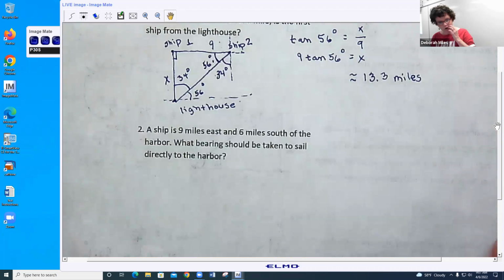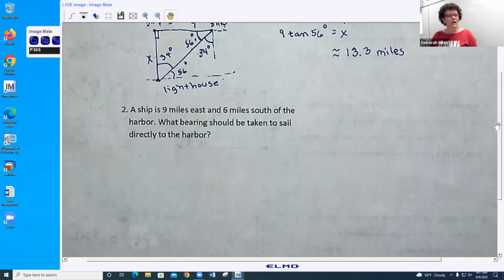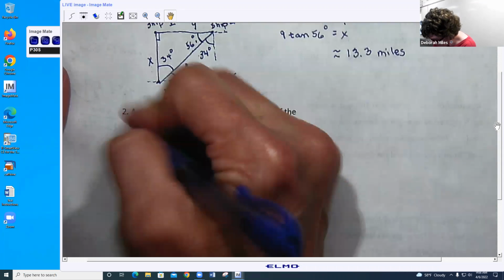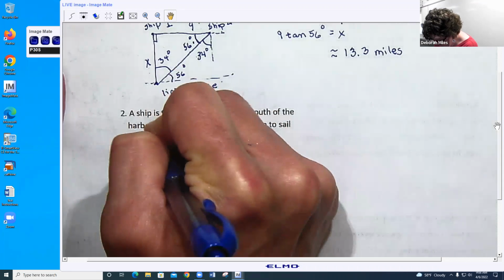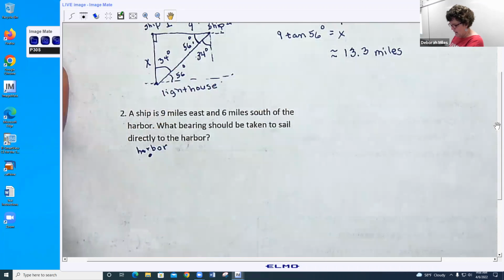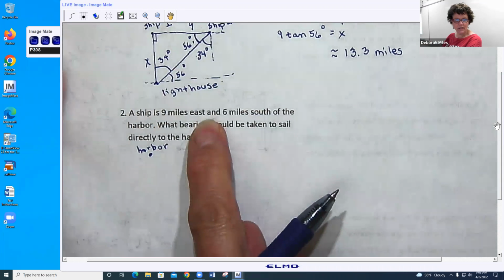All right, one more. We'll talk about the test for a minute. A ship is 9 miles east and 6 miles south of the harbor. Make sure you draw your picture correctly. You have a harbor. And then 9 miles east of that, which means to the left or to the right?